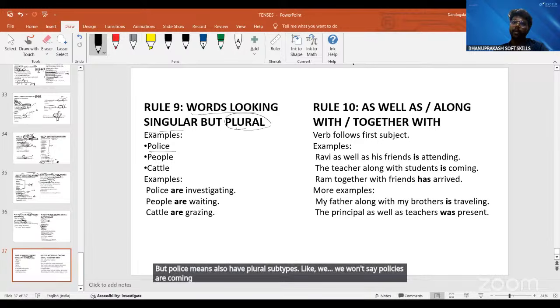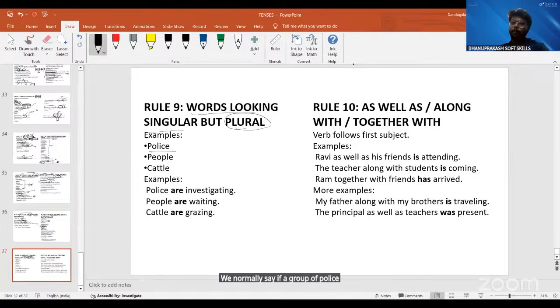If a group of police are coming, we say police are coming. We can't say polices as there is no such word in English. Similarly, person is singular, and the plural form is people, and cattle. Although these look singular, they are plural.